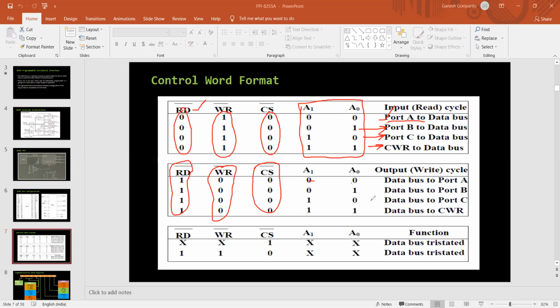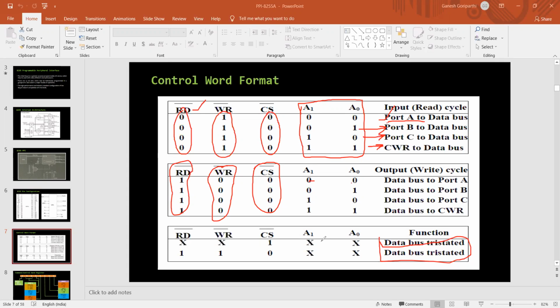Now, data bus tri-stated means you will not have any data transfer to the data bus. There will not be any data transfer through the data bus. That is nothing but tri-stated.